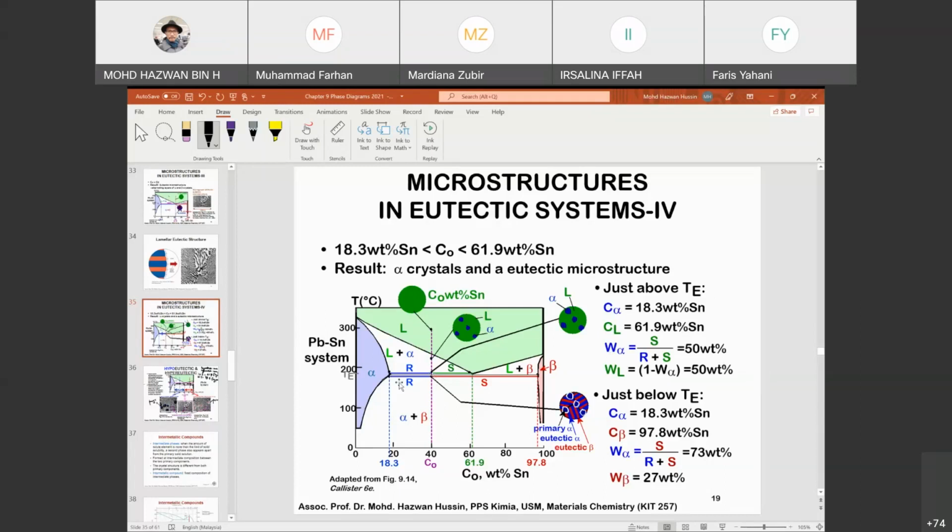If you have a point over here, you have R and S, so you can see the alpha value and also the liquid value, and from there calculate the weight fractions, either W alpha and WL, or if it is in the alpha plus beta phase, W alpha and W beta.